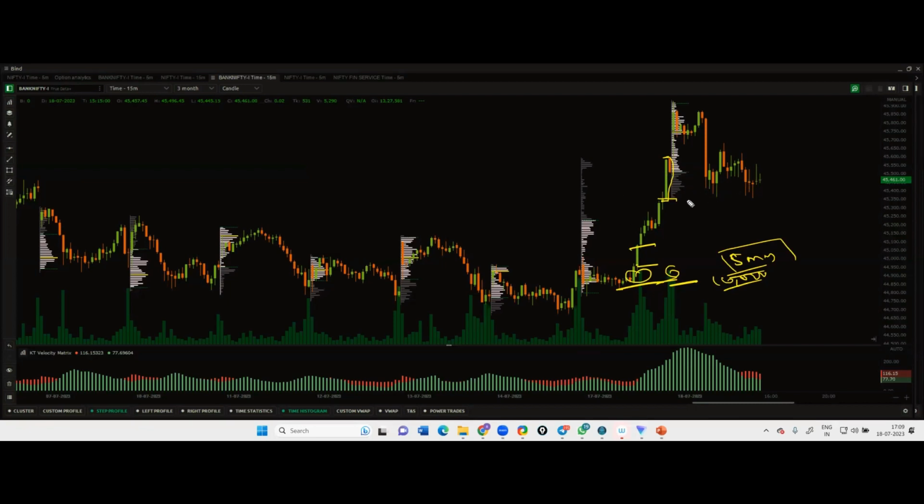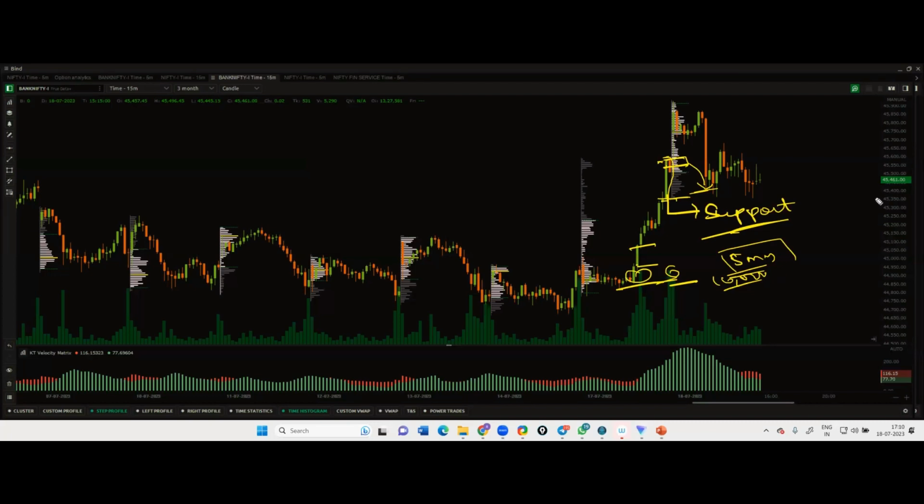Like, for example, the bar stretches from 45,300 roughly to 45,550 in a 15 minutes time frame. If out of these 10,000 contracts, 70-80% of the contracts are transacted to the highs, and then price is again coming below this area, then this is not a bar on which you can rely for support as a trader who's having a long position here.